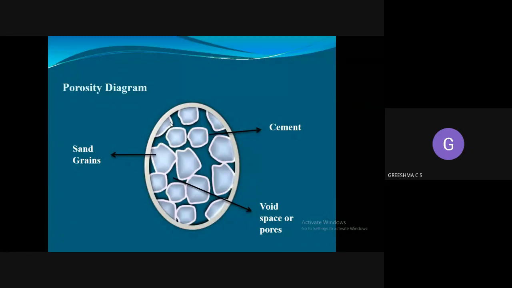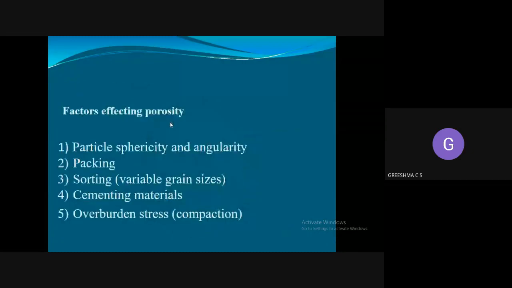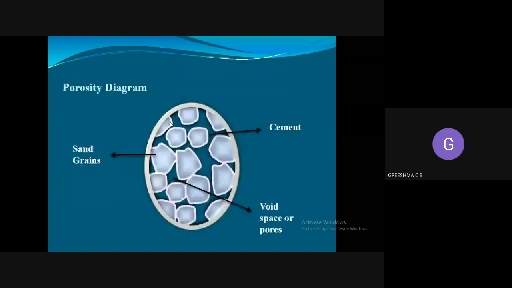Another example I can give is metamorphic rocks. A metamorphic rock is formed by several minerals. It will have calcium, it will have potassium. These minerals, calcium, potassium and lime, will have different shapes.